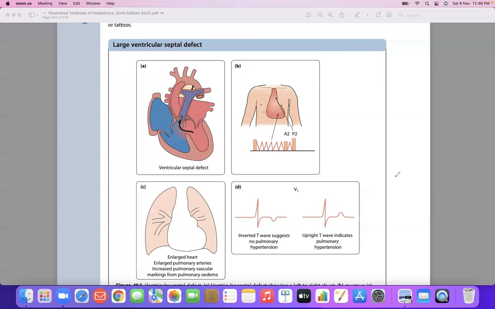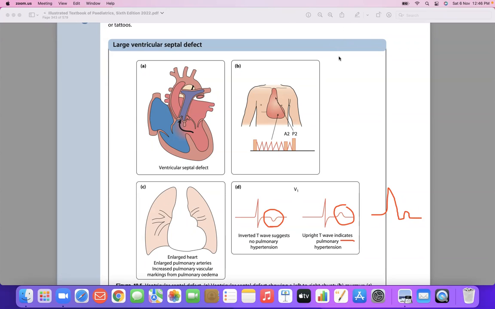So how the ECG will guide you that they are developing pulmonary hypertension is the upright T wave in V1. Normally it will be inverted in V1. When you see upright, you have to think that there are some chances of pulmonary hypertension.